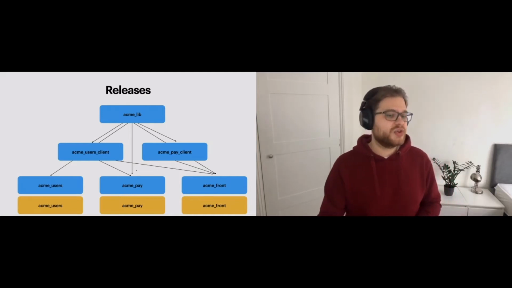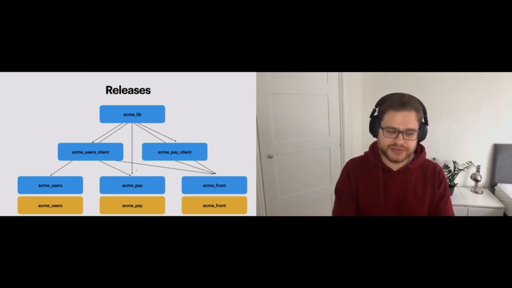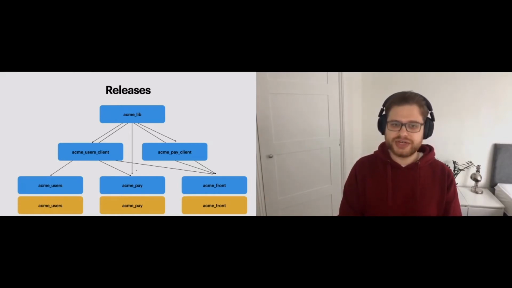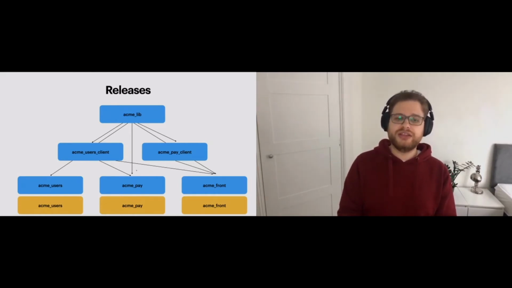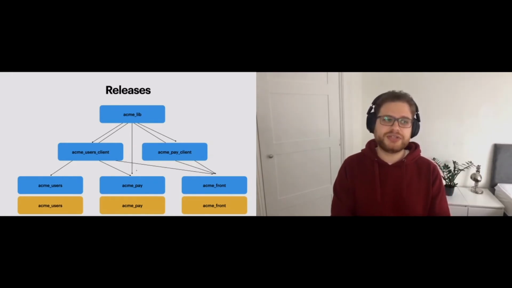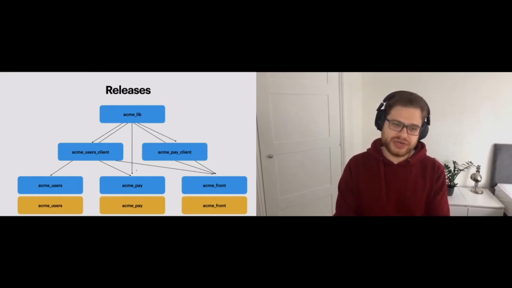And in order to be sure that no functions are called at runtime that are not included in each of the releases, so that to guarantee that no code in our releases will crash with the undef exception, we need to analyze all of the releases separately.